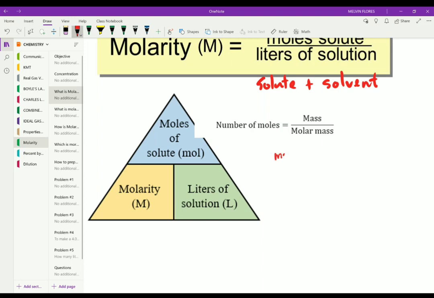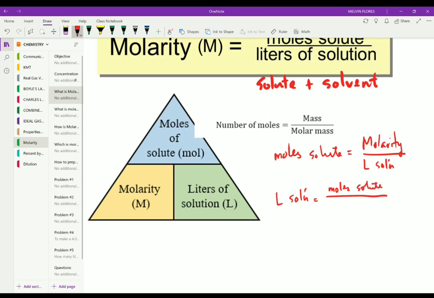So if we're looking for moles of solute, it is equal to molarity times liters of solution. And of course, if you're looking for liters of solution, that is moles of solute divided by molarity.